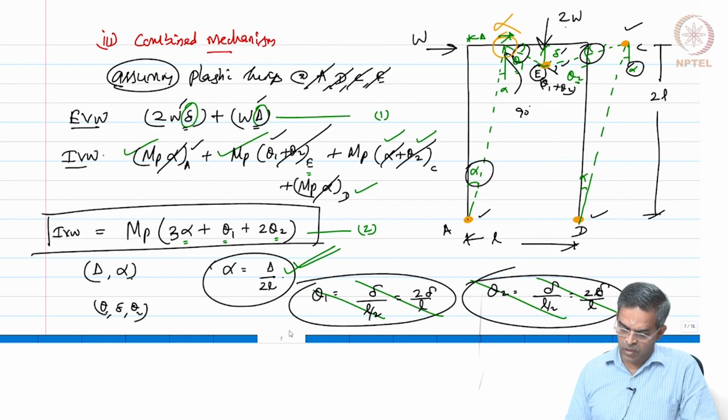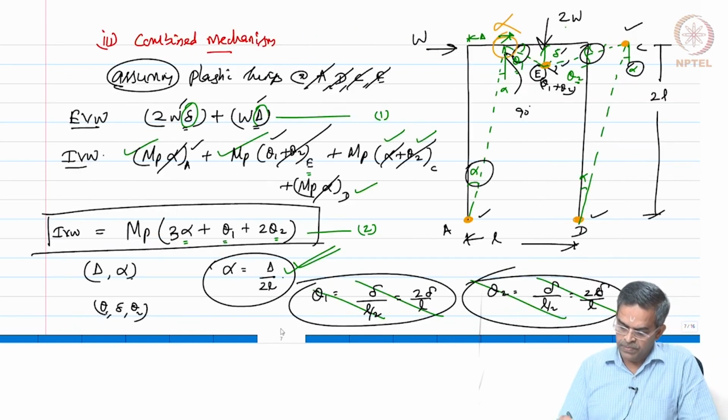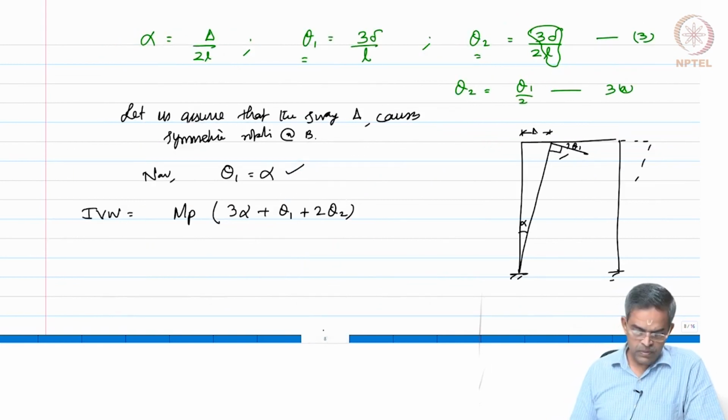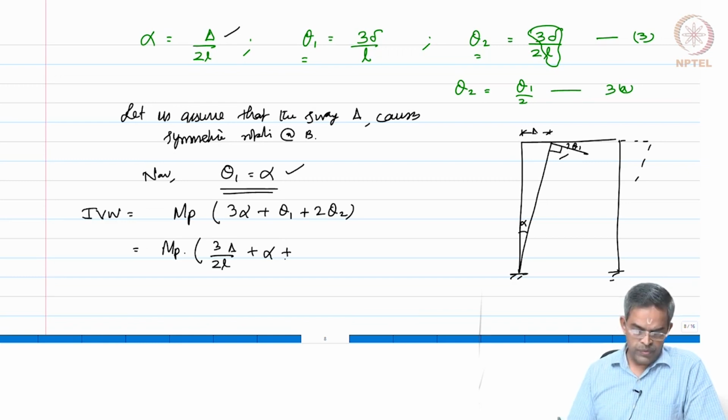Now, we already know the internal virtual work from equation 2. Let us copy that equation. So, the internal virtual work is MP times of 3 alpha plus theta 1 plus 2 theta 2. Let us see this equation. This will be MP times of 3 times delta by 2L, plus theta 1, which is already alpha, plus 2 times theta 2, where theta 2 is theta 1 by 2.